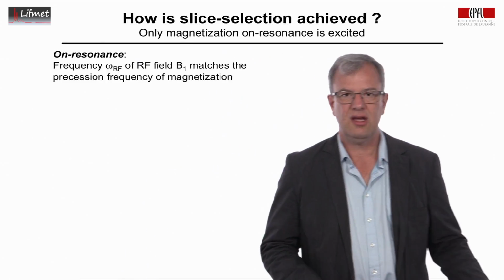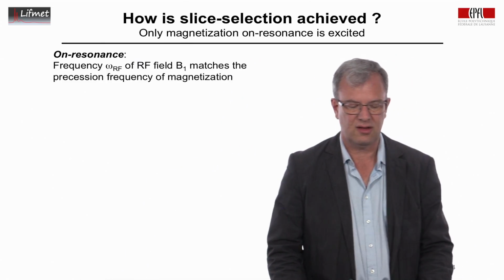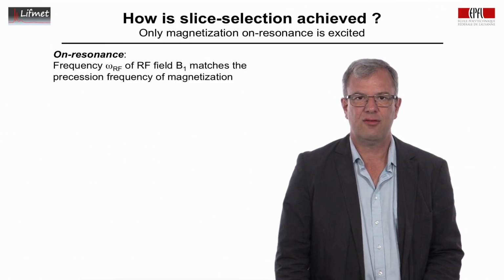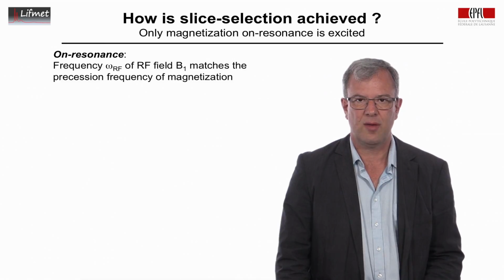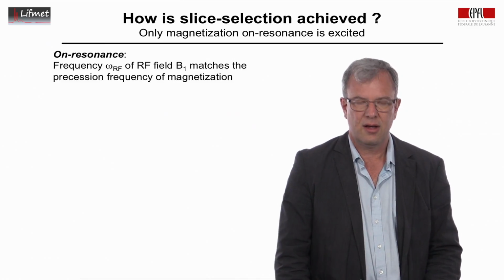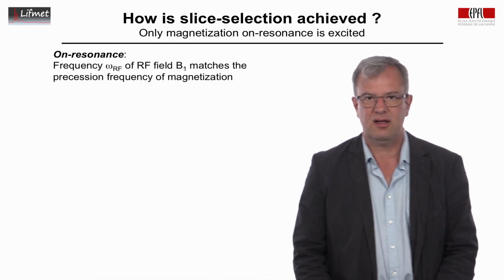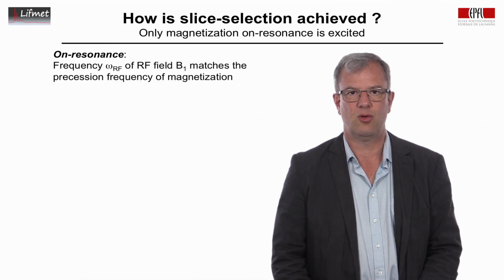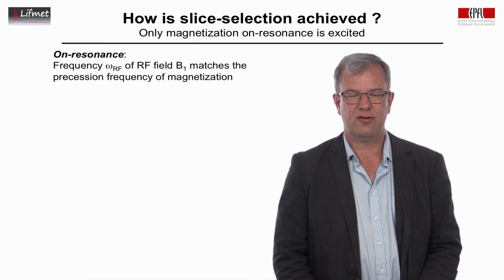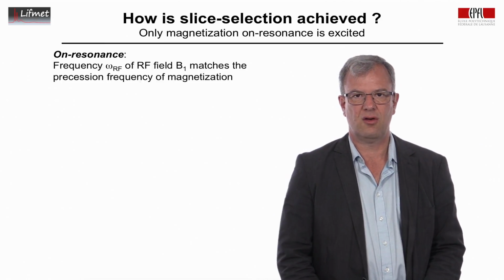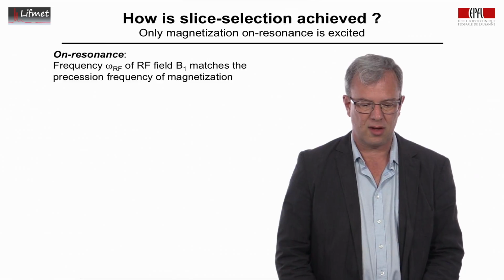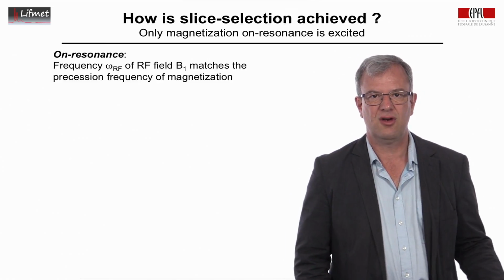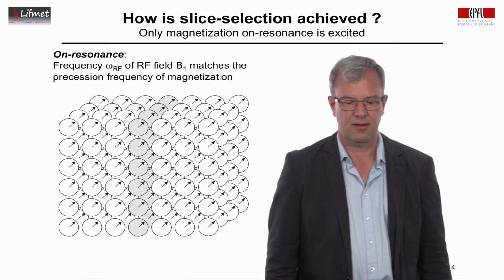We have seen in the previous two courses that the radio frequency field B1, which is applied at a frequency omega RF, is capable of exciting the magnetization into the transverse plane if omega RF matches the Larmor frequency of the precession of the magnetization. So if omega RF equals omega L, then one is capable of flipping the magnetization into the transverse plane.